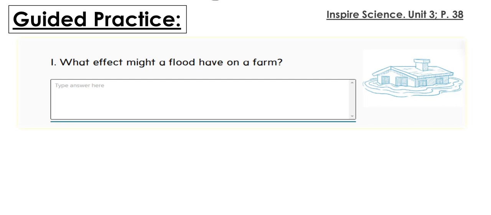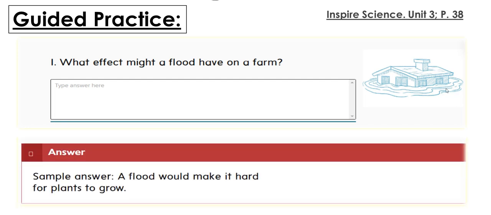Okay, so again, what effect might a flood have on a farm? This is a sample answer. A flood would make it hard for plants to grow. Yes, so imagine that this farm was full of plants, tomato for example, or cucumbers. What would happen to them? You think they would survive under this much water? No, they wouldn't.